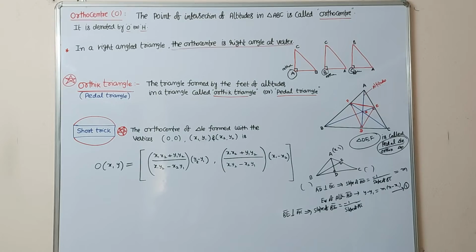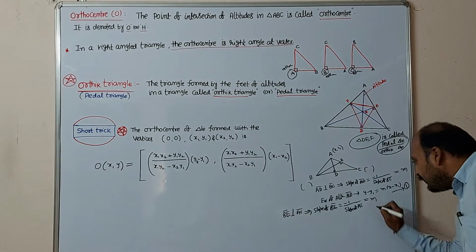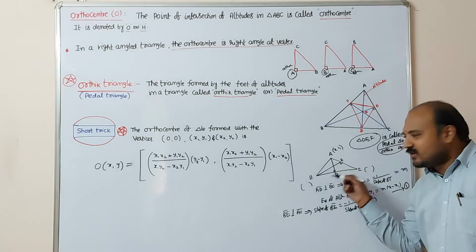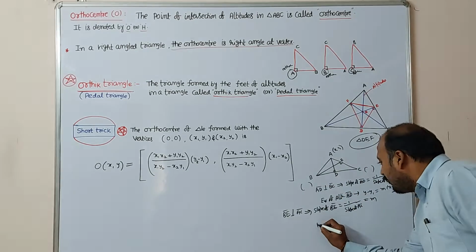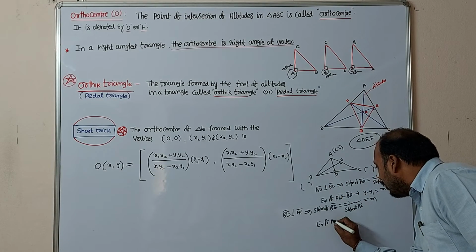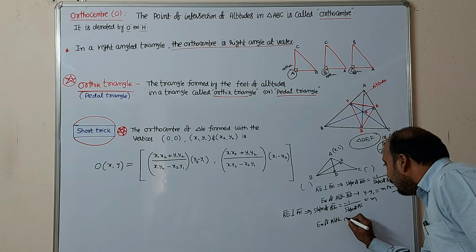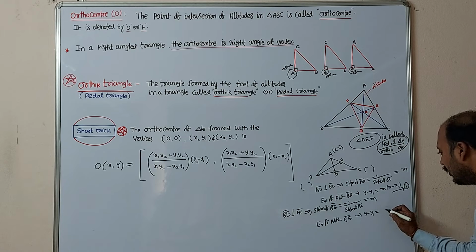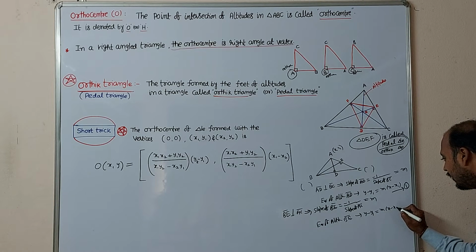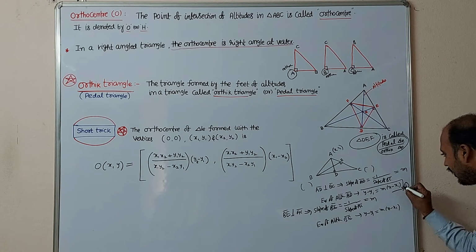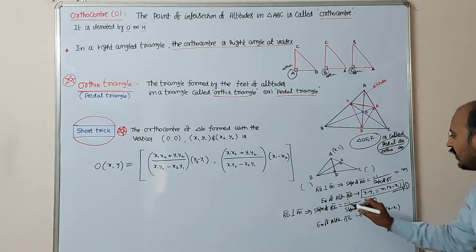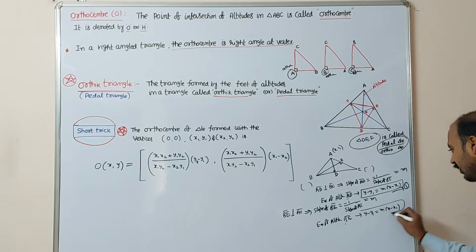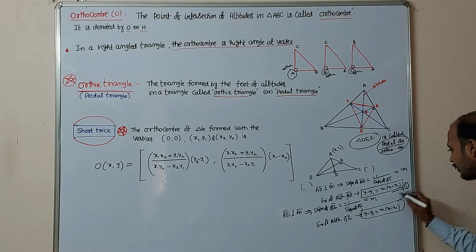You can assume this is also m. This line passes through point B only, E is not there. So for the equation of altitude BE, again apply the formula y minus y1 equals m into x minus x1. In the earlier case the x1, y1 point was A; in this equation the point is B, dear students. You remember? Call that equation number 2. Solving 1 and 2.